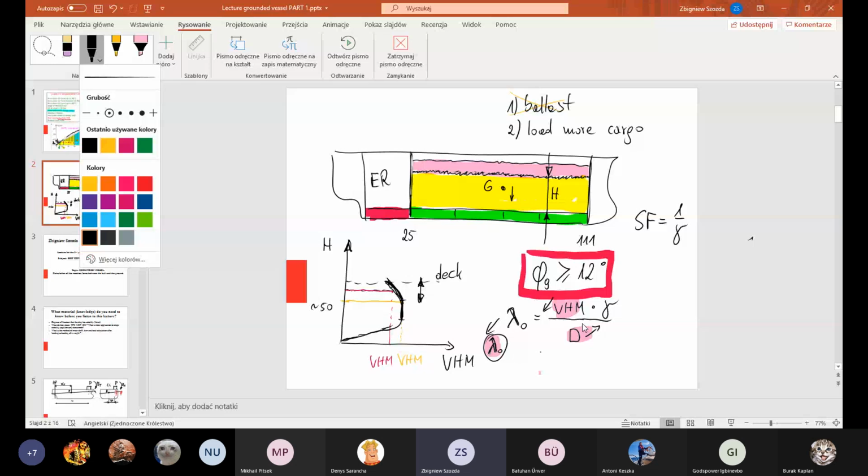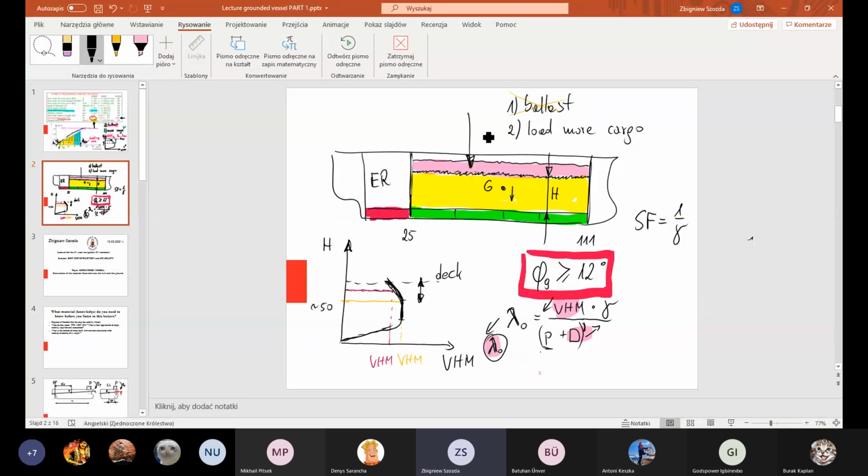So yes, the displacement increases, meaning that if you have an additional part of cargo, the total displacement is bigger. If the total displacement is bigger, the healing lever is smaller. Maybe if I put P plus D from the very beginning, where P means the weight of additional cargo, it would be more clear.